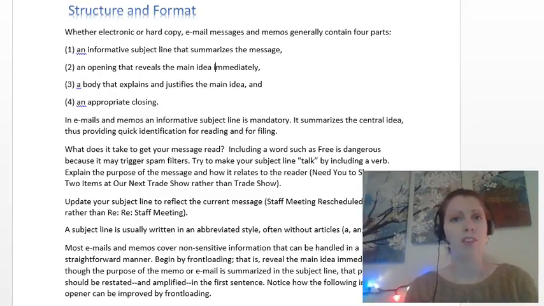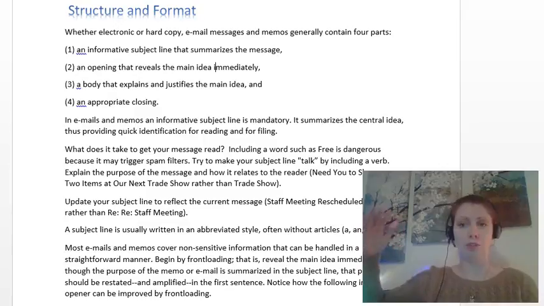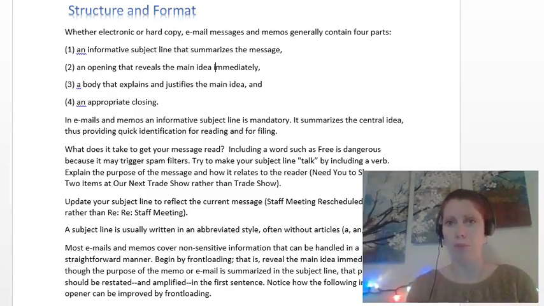So your subject or your title summarizes the central idea, and thus it provides a quick identification for the reader to know what it's about, like I said, or when filing things, because some companies keep track, whether electronically or in an actual filing cabinet, of the memos or emails that are sent. You also probably have different folders on your email accounts where you keep certain things. If you see what the subject is, it might help you organize them. It's not just about who it's from sometimes, right?